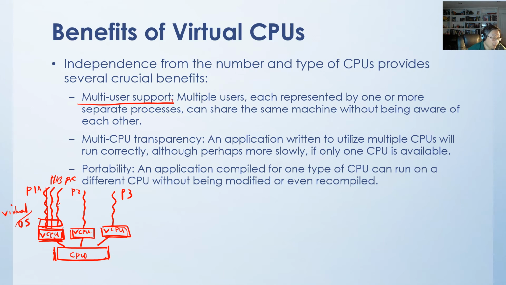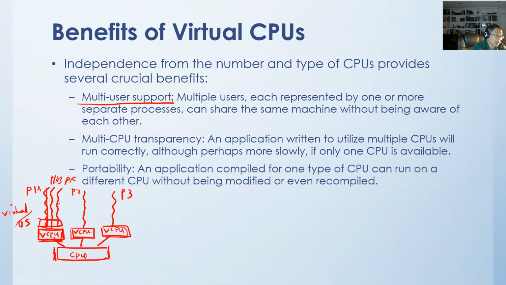Now the other one is portability. Sometimes an application compiled for one type of CPU can run on a different CPU without being modified or even recompiled, because you can build a virtual CPU which has the same characteristics as the type of CPU this application was compiled on.